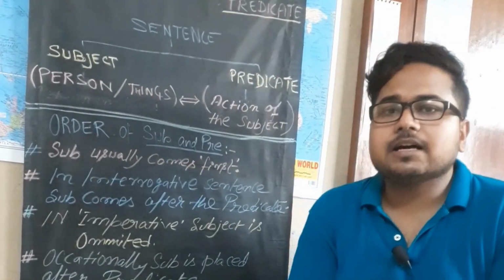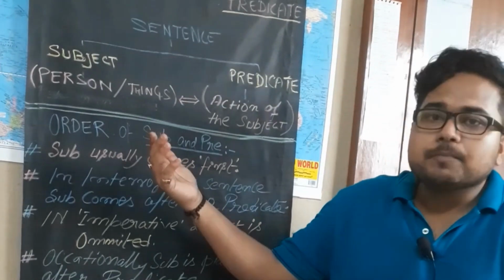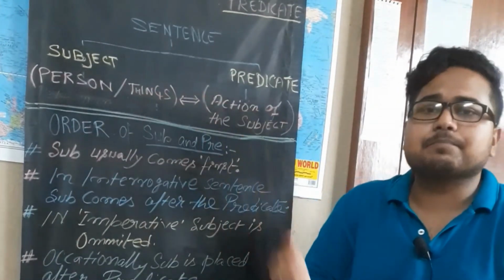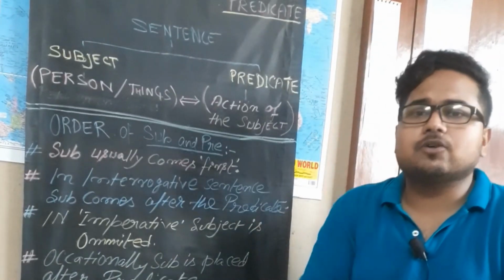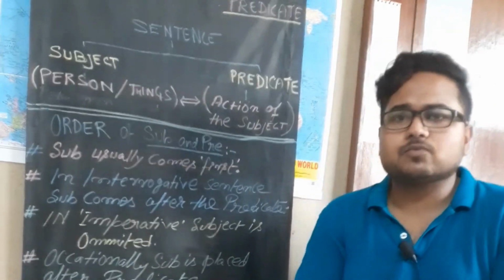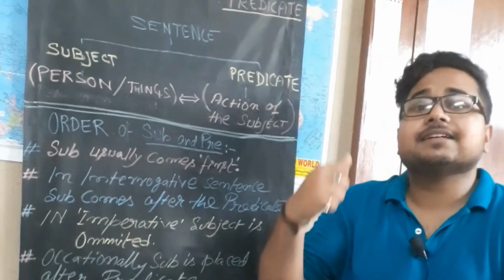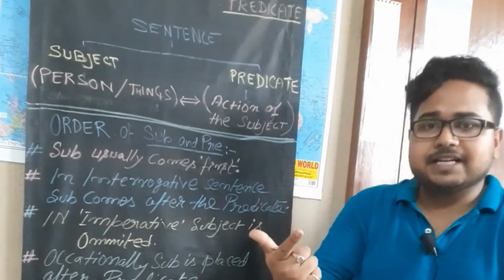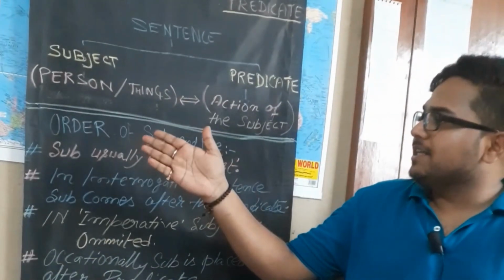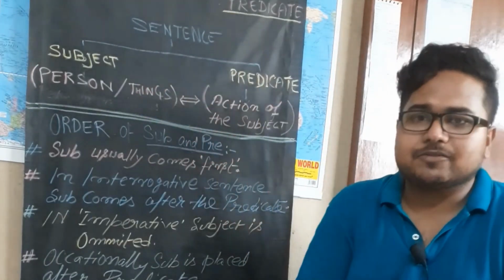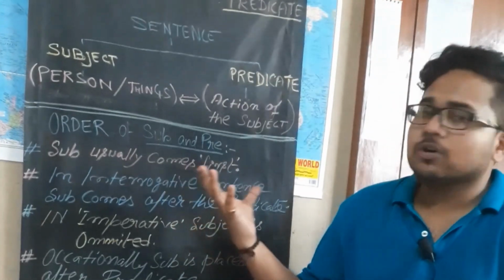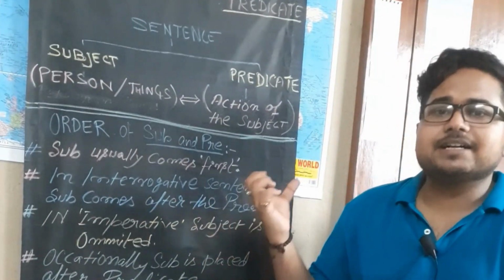Now how will you make the order of subject and predicate in these sentences? We have already read about the 4 kinds of sentences. Just remember once again, that is assertive, imperative, interrogative and exclamatory. While using this subject and predicate, it will help you in your exercises to differentiate the subject and the predicate.